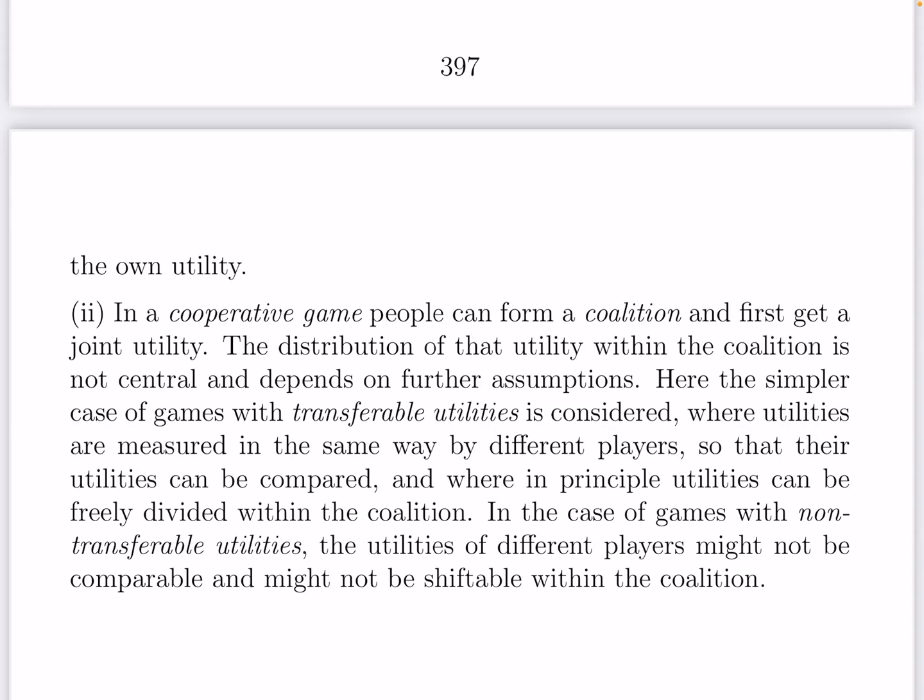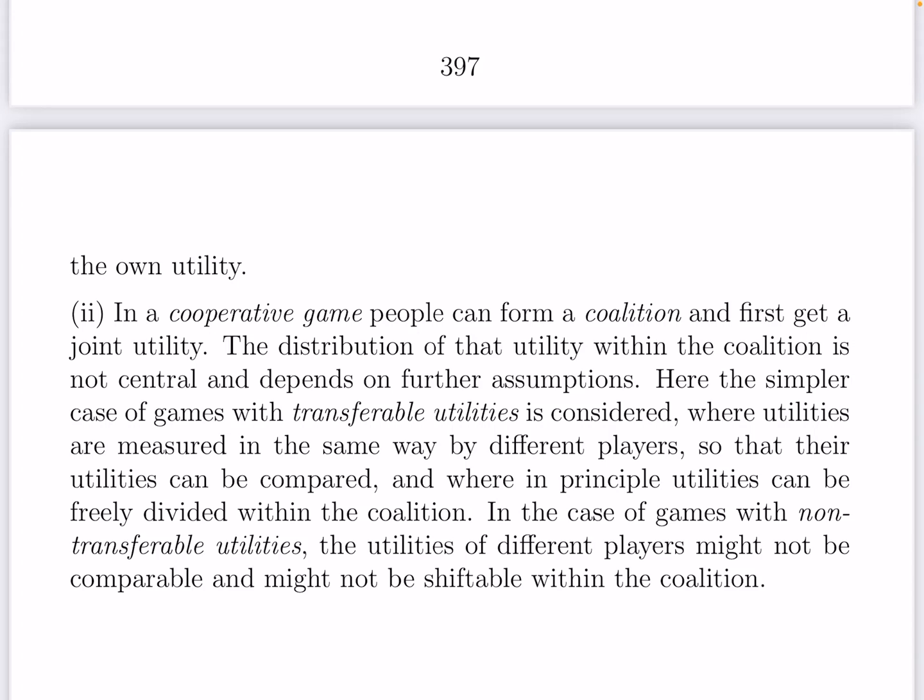But there are some technical terms about this. This is called transferable utility or non-transferable utility. In the simpler cases, one assumes transferable utility. That means that this joint coalition value can be distributed freely among the players in one coalition, and they can compare the single utility, so this number has the same meaning for all of them.